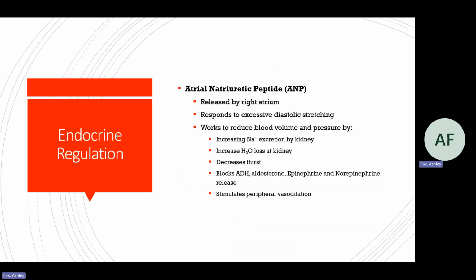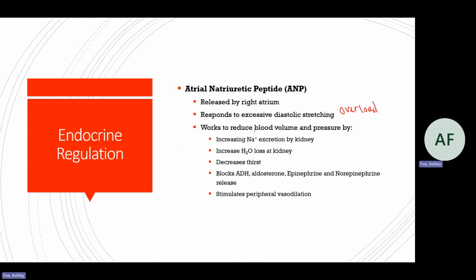So again, atrial natriuretic peptide is released by the right atrium. If you have an increase of diastolic stretching, so pressure, so this is going to be overload of the atria, the right atrium. So this is going to be increased when blood volume is too high.